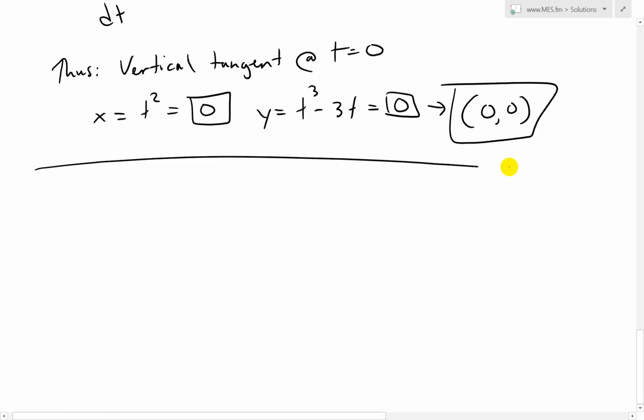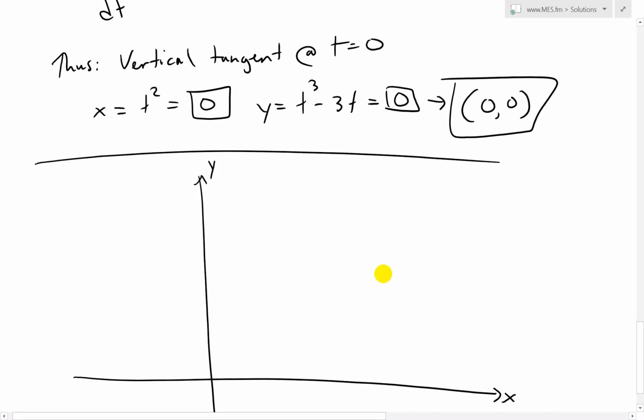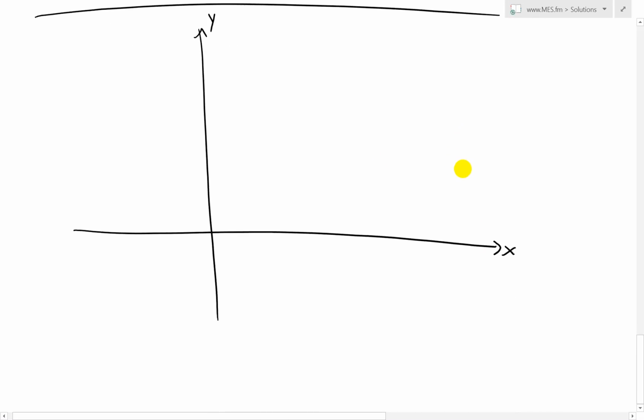Now if we were to graph this, let's say a graph like this, this is the x, this is the y. We have a vertical tangent at (0, 0), at this point here. If we draw an arrow across, like that, it's hard to see, this is our vertical tangent. It's just on the axis itself.